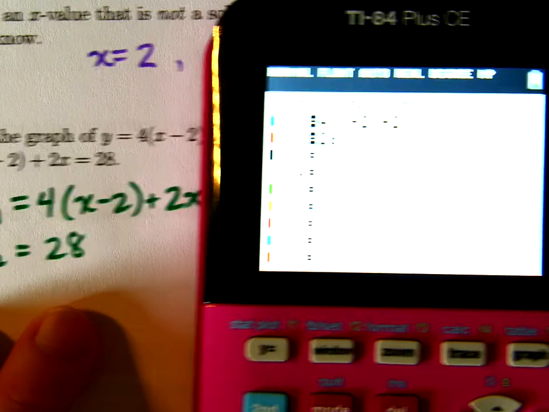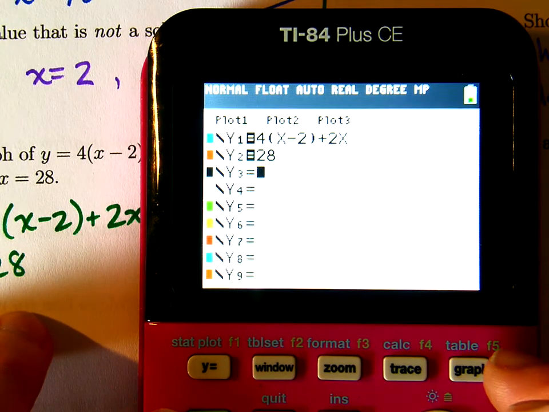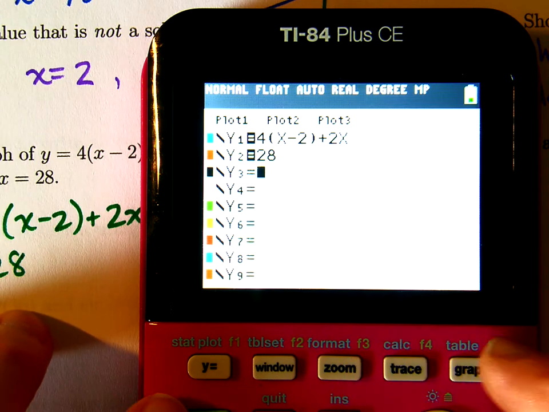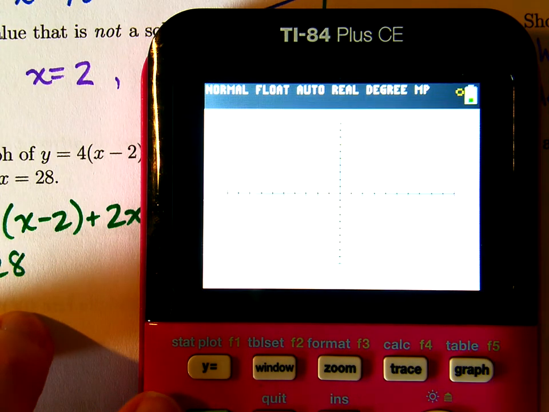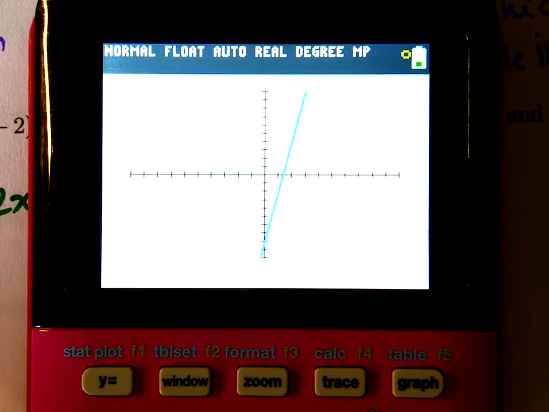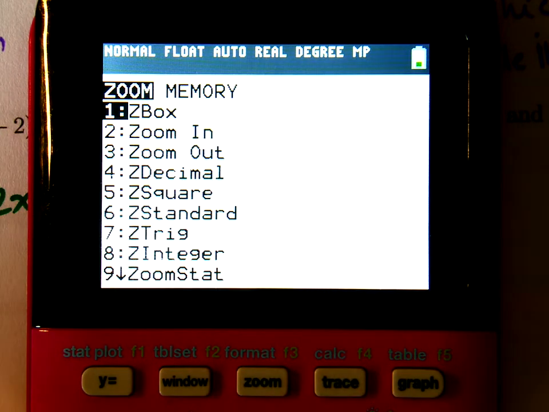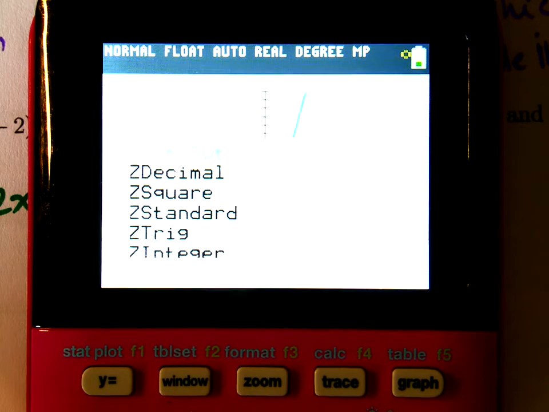So that's kind of convenient. That's nice. Let's see. I vaguely remember that we had to zoom out, but I'll graph it again and see what happens. Did we have to zoom out? Here we go. Let's zoom out.